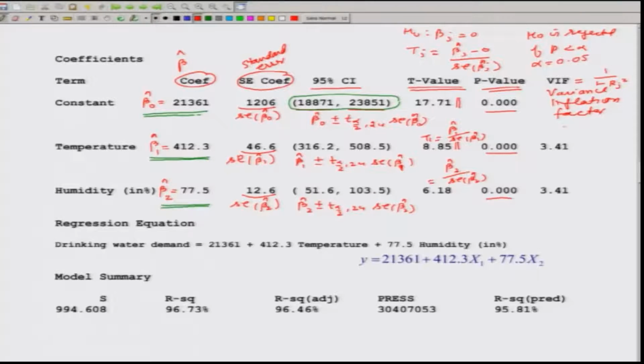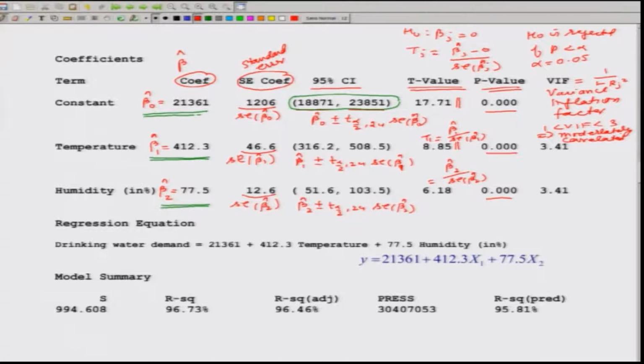And if you remember, we had given the criteria that if VIF is lying between 1 and 3, this indicates that the independent variables are moderately correlated. And if it is more than 3, one can consider that they are highly correlated.